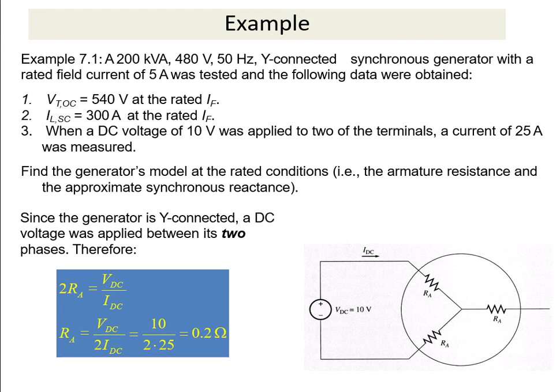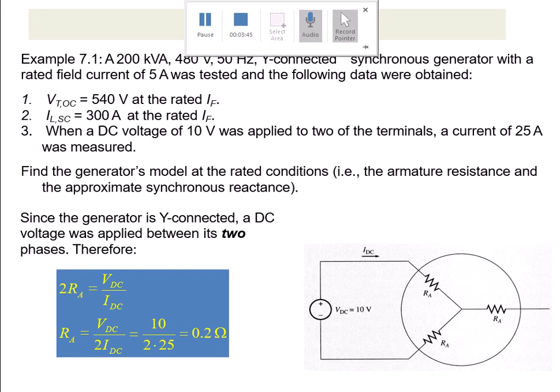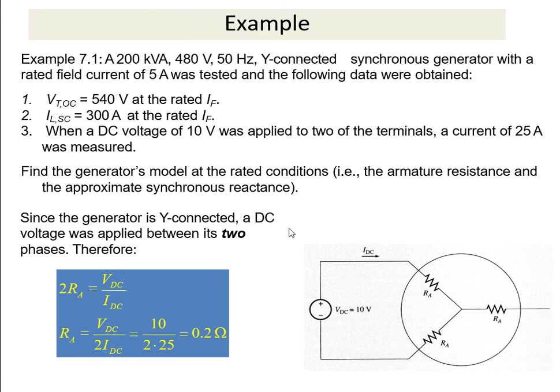Since the generator is star connected, a DC voltage was applied between its two phases. Therefore, 2RA is equal to VDC upon IDC.